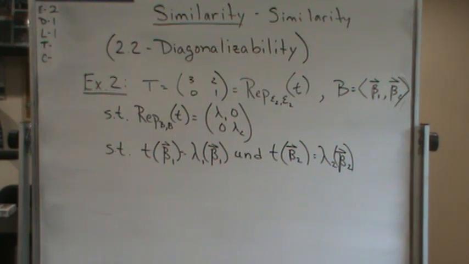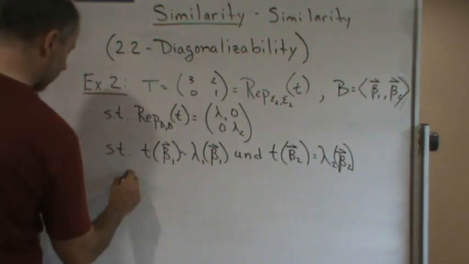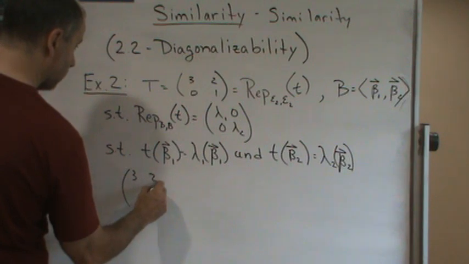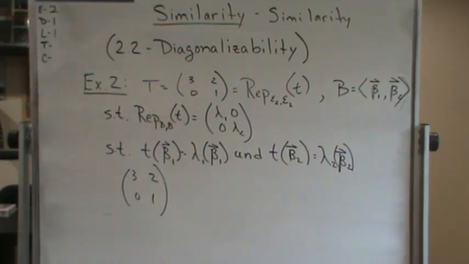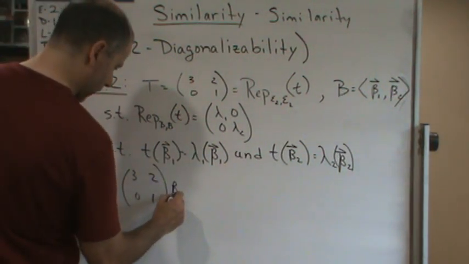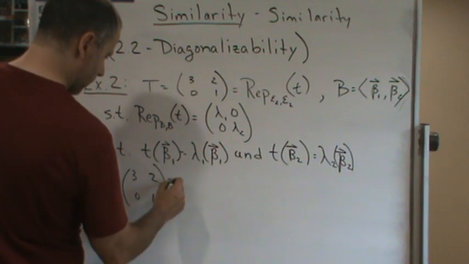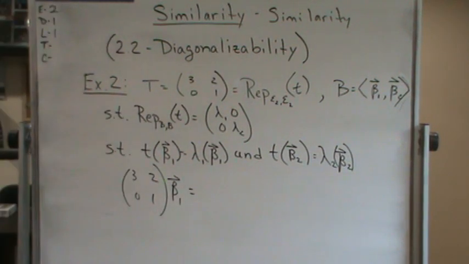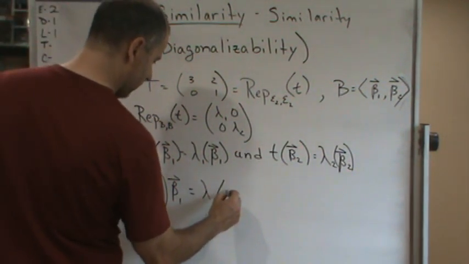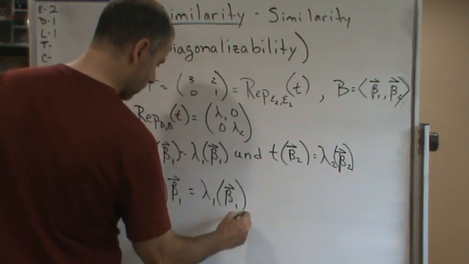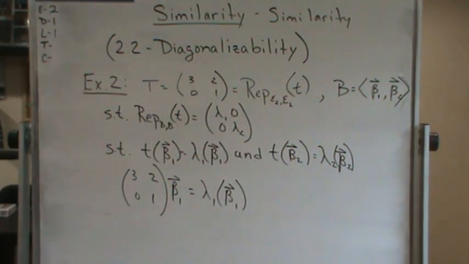So how do we do that? Well, just like from before, we set up our products, right? So we're going to take 3, 2, 0, 1, our matrix, times what? Times each of the bases, right? So this will be beta 1, right? Okay? And we want that to be equal to lambda 1 times beta 1.